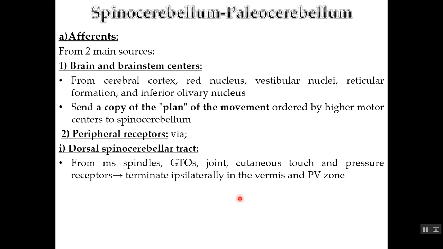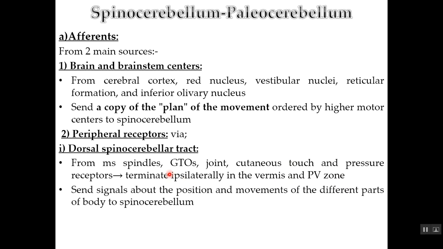This tract will inform the spinocerebellum about the position and the movement of the different parts of the body. It informs the spinocerebellum with information about the sense of position and sense of movement.